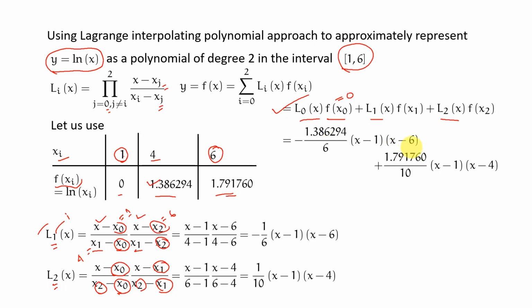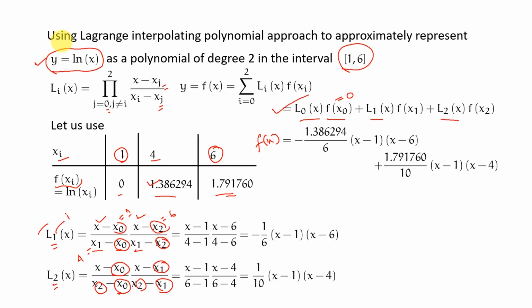I plug this in here, and this gives me the expression of f(x). So my interpolated polynomial is this, which we hope would be close to y equals ln x.